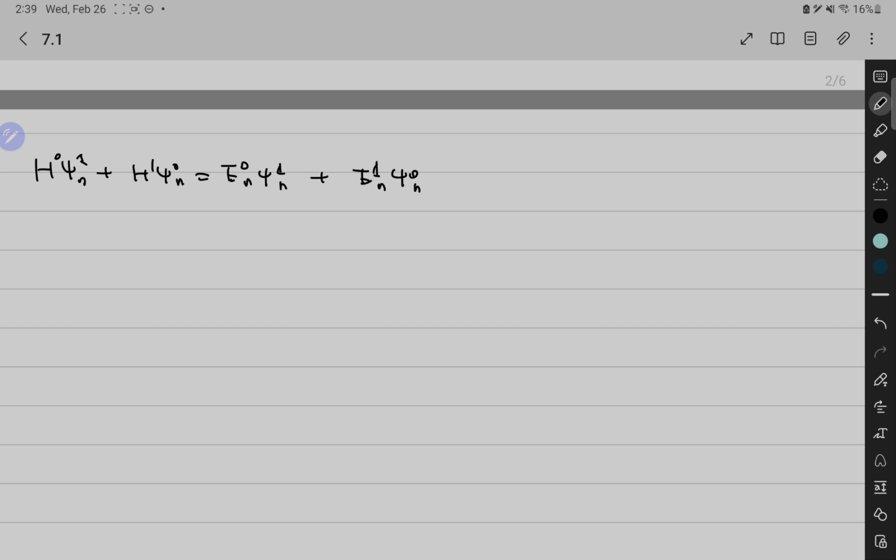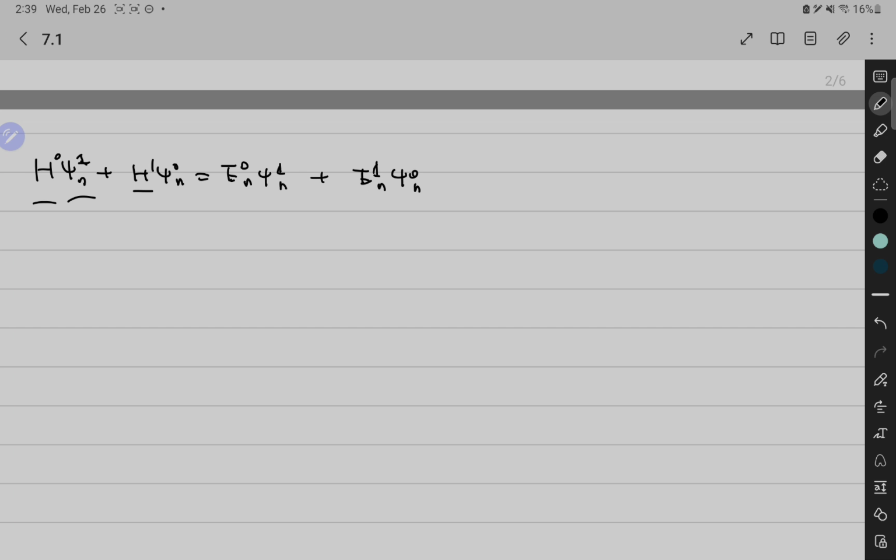And we can first quickly look at the formula and define the variables here, just to refresh our memory, right? So our H0 here stands for the unperturbed Hamiltonian. Our psi 1n stands for the first order correction to the wave function of the perturbed system, or the first approximation.